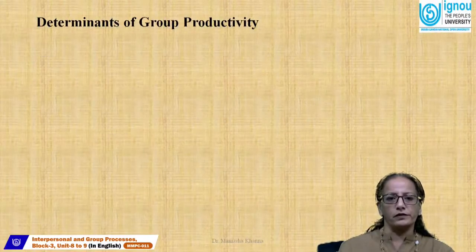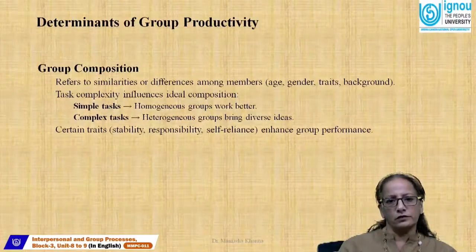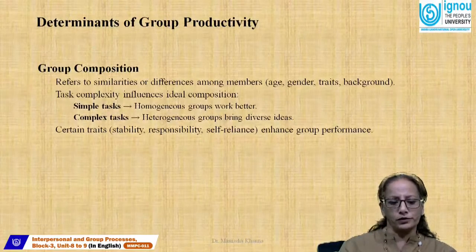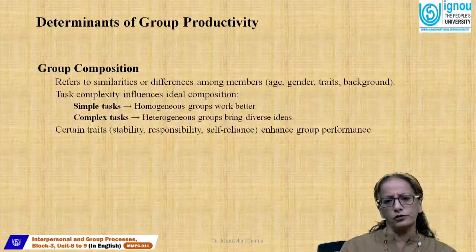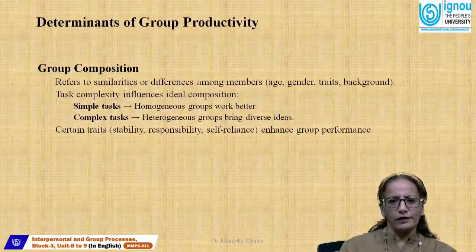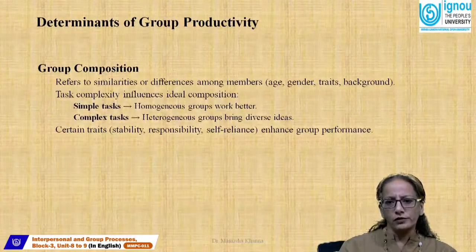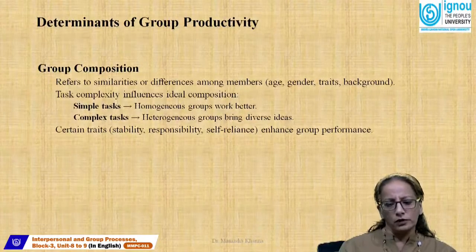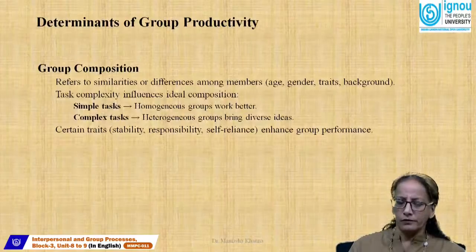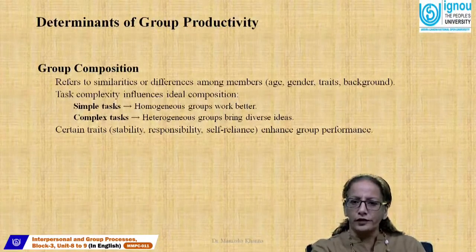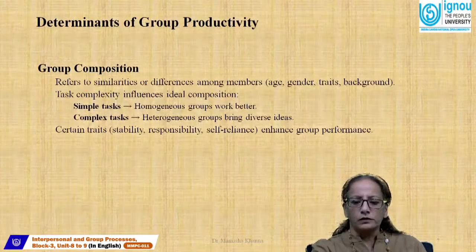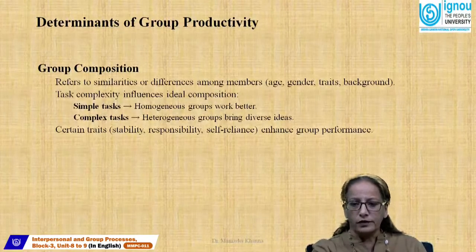Then there is another determinant, that is group composition. The group is composed on the basis of similarities and differences among the members of that particular group. For example, age and gender are one factor.